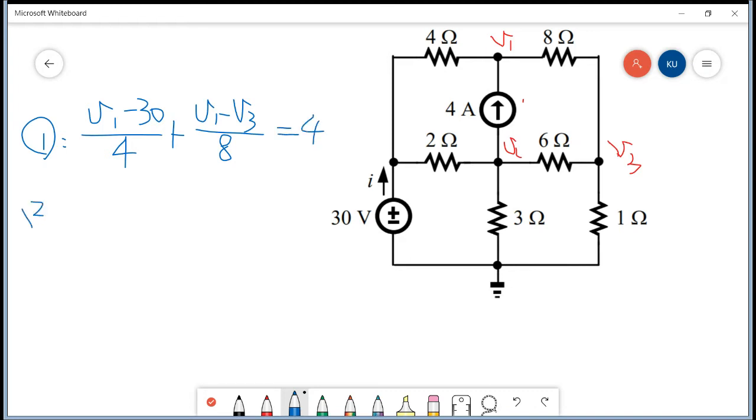And for node 2, this current going to the left side is V2 minus 30 over 2. And then this current is V2 over 3.